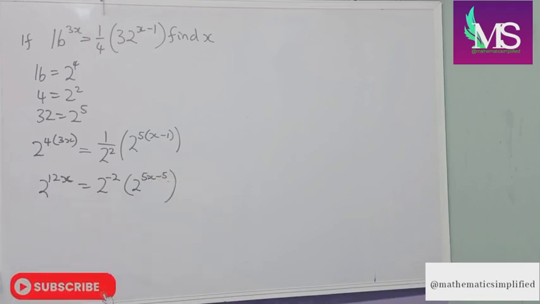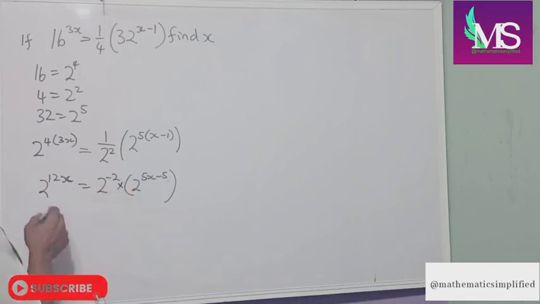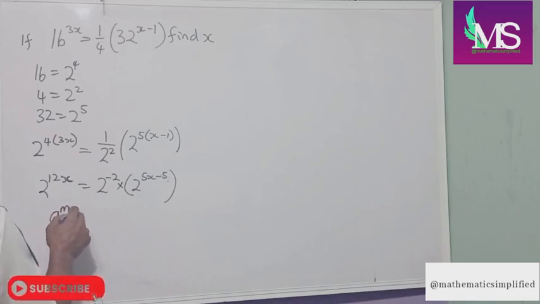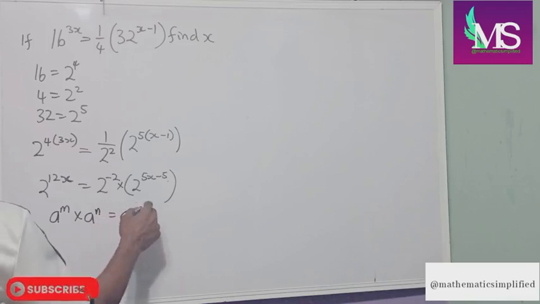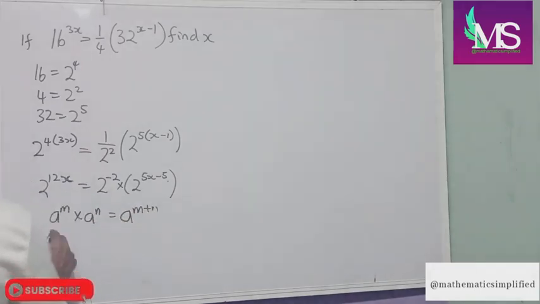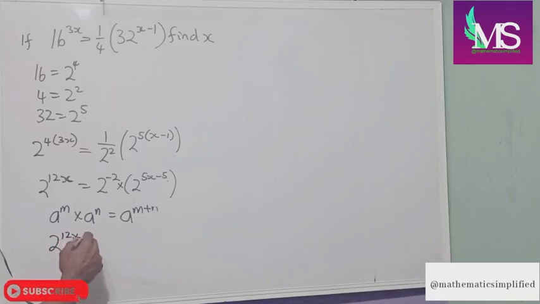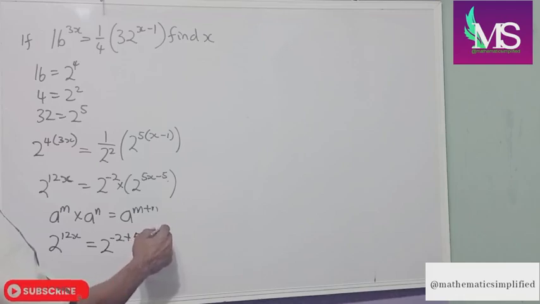Alright, now we remember in our law of indices, since this is multiplying, if we have a^n times a^n, it will be a^(n+n). So now applying that law here, we have this as 2 raised to power 12x equals 2 raised to power minus 2 plus 5x minus 5.